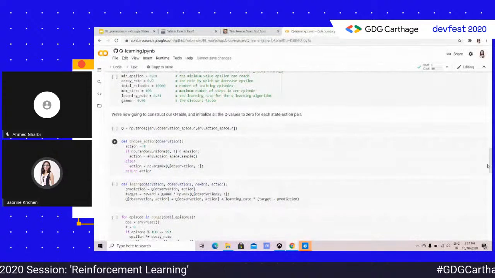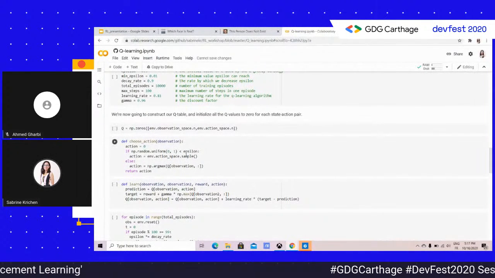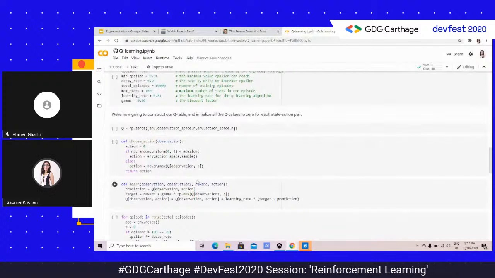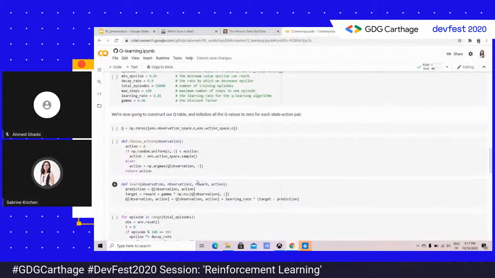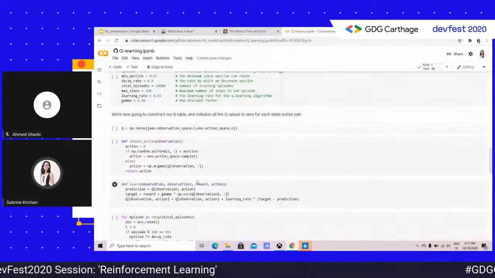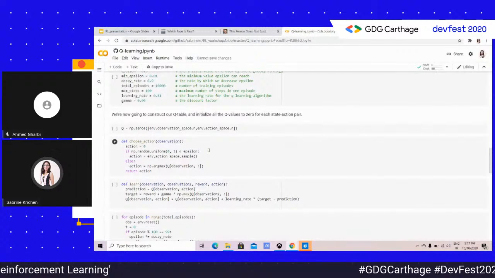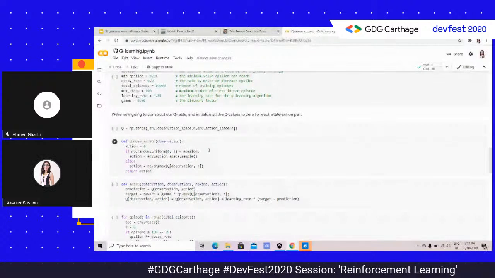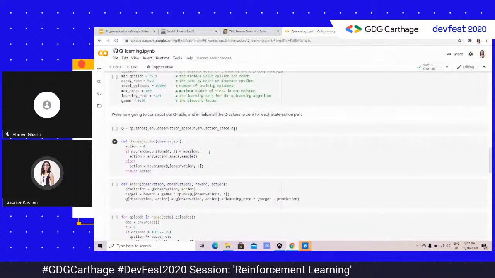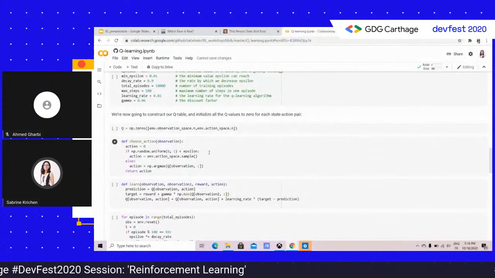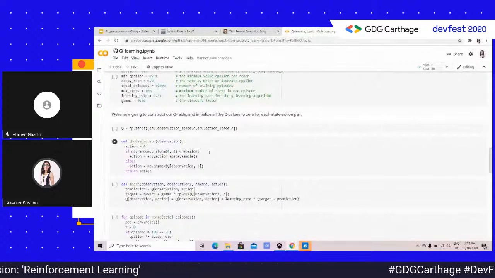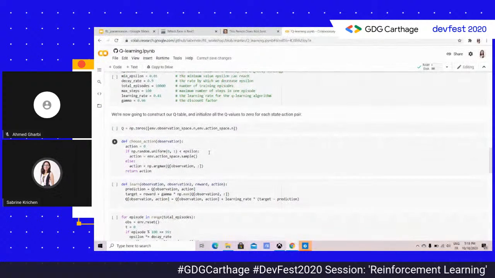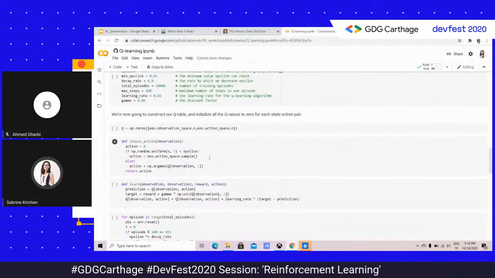So here, this function will help the agent to choose the action according to the state. As we see here, according to the value of epsilon, he will choose to perform a random action by sampling an action from the action space, or he will choose to take an action from the Q table.